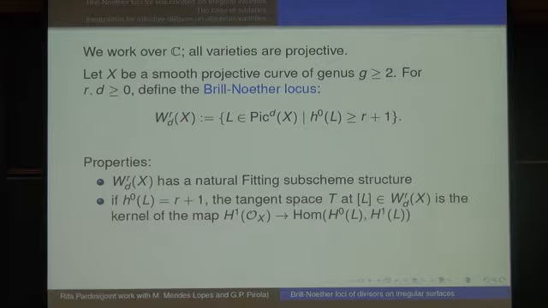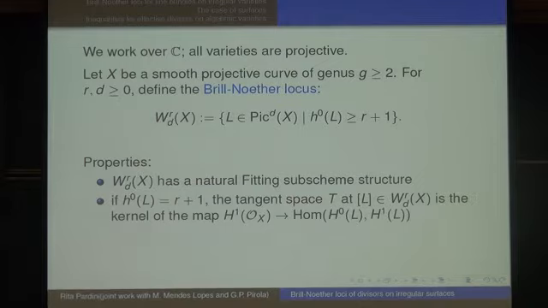And then it is possible to give an explicit description of the tangent space to the Brill-Noether locus at some point L. As I've written there, if the number of sections of L is exactly what is required in the Brill-Noether locus, so R+1, then the tangent space is the kernel of this map that I've written down, given by cup product. You have a section of L, you take cup product with an element of H1 of O_X, and so you land in H1 of L.